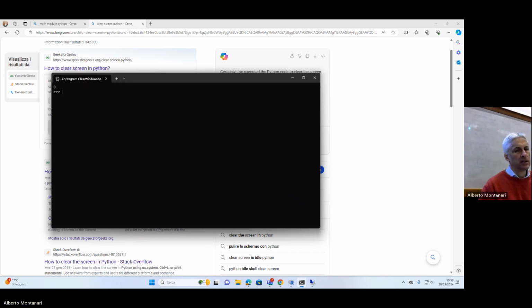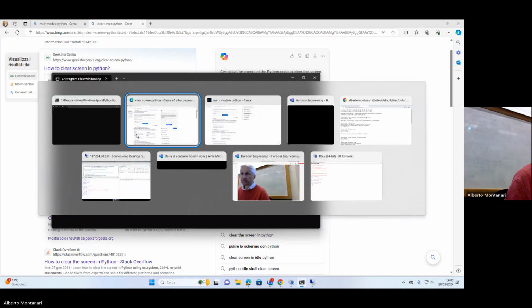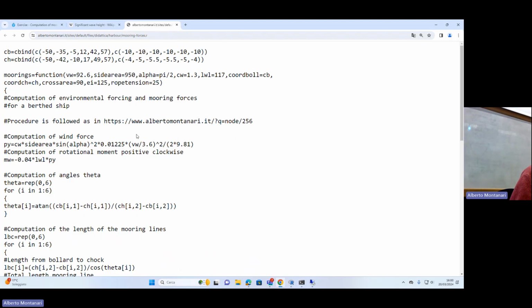Okay, so now we have imported the two modules that allow me to make some computation. Now let me just try to repeat our exercise here. Okay, so let me define the variables.